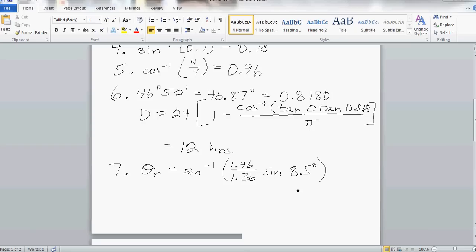As long as our calculator is in degree mode, this is very easily calculated, and when we plug all this in, we end up with 9.13 degrees.